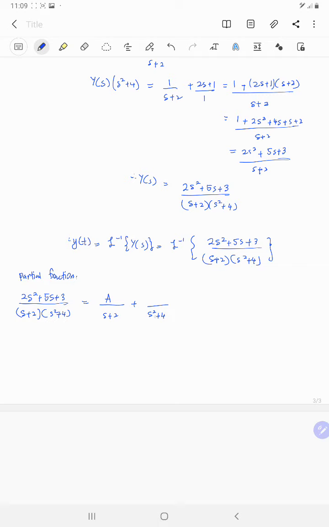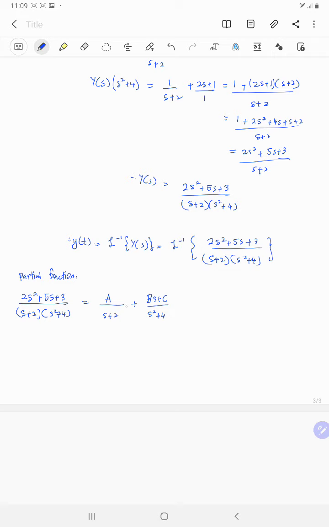Next fraction. The highest power in this fraction is s squared, the highest power is 2, so at the top must be Bs plus C, a constant times s plus a constant.